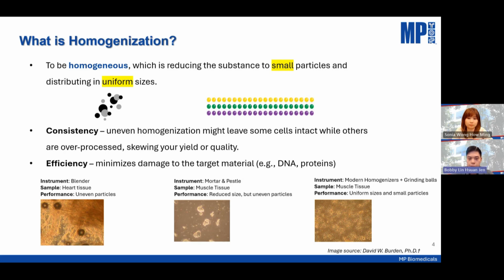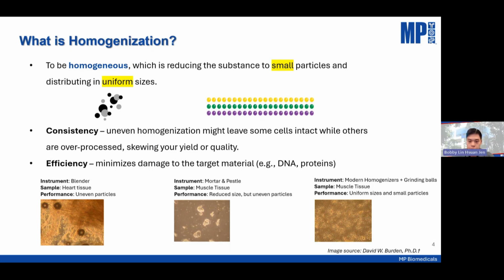In the middle, we move on to a better method, however it's still not as advanced as a modern-day homogenizer. This is using a mortar and pestle, and the sample type being homogenized is muscle tissue. The performance came out better than the blender, but we do see some uneven particles under the microscope.